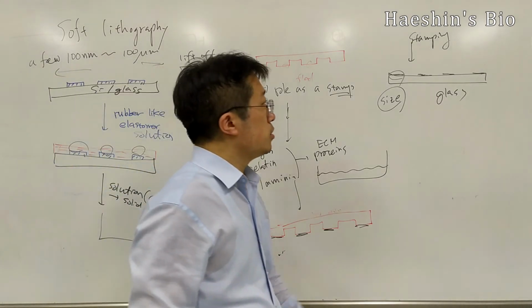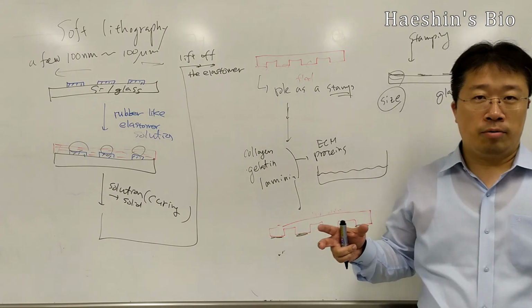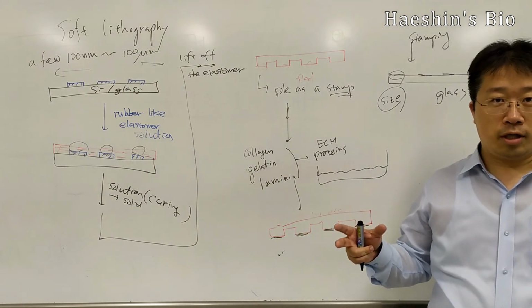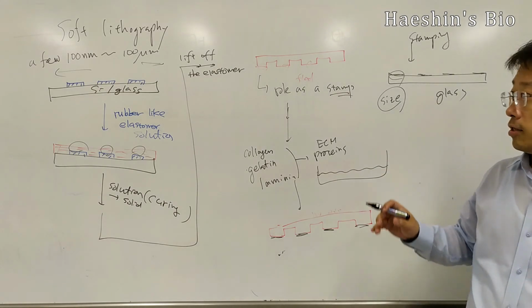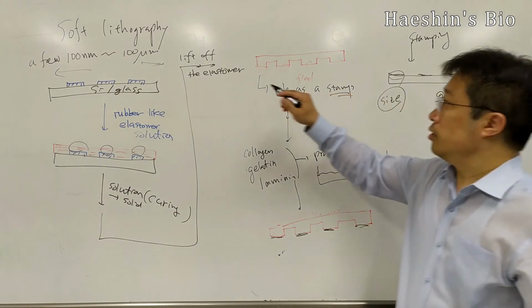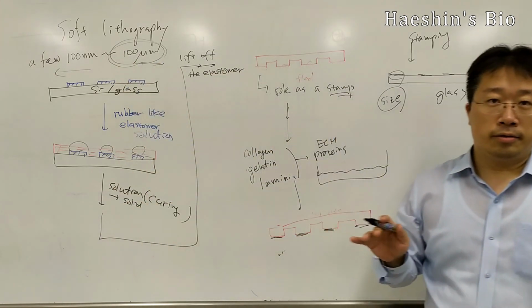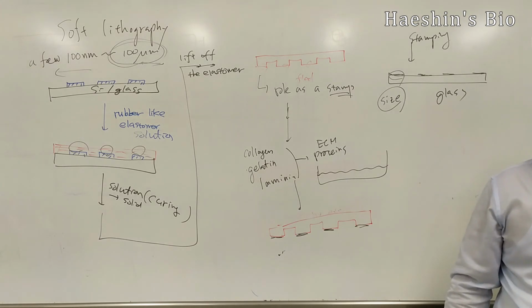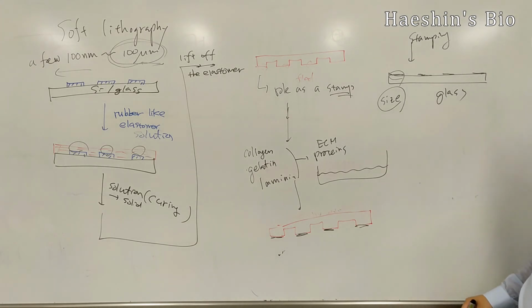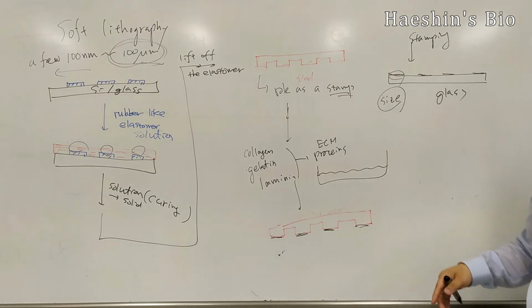Because the size of the cell that I mentioned before was more than 10 micrometers in diameter, that's why this scale is suitable and appropriate for the cell dimension scale and some other things. Okay, this is the general, typical process of the soft lithography part.